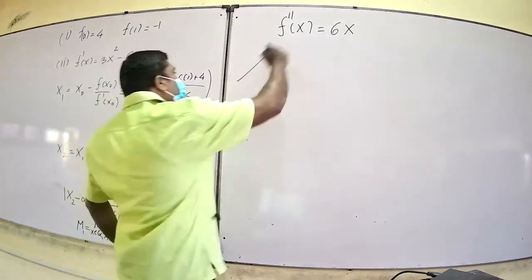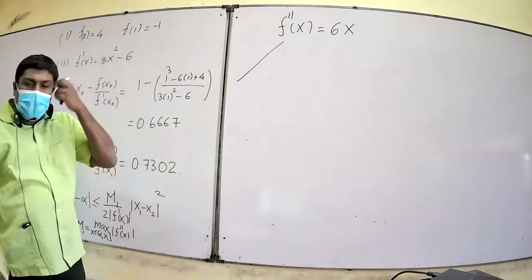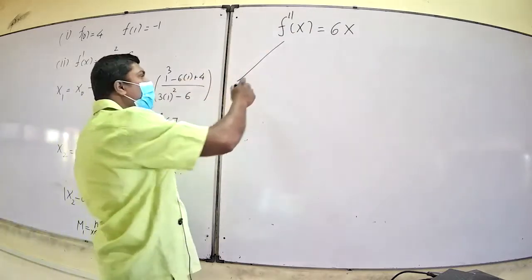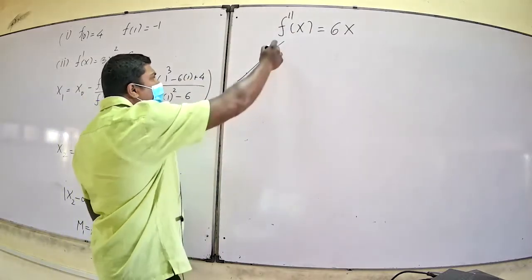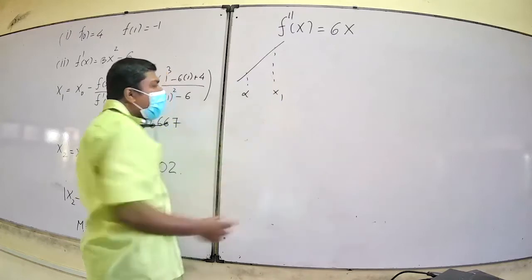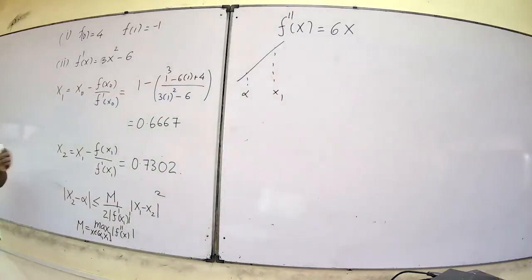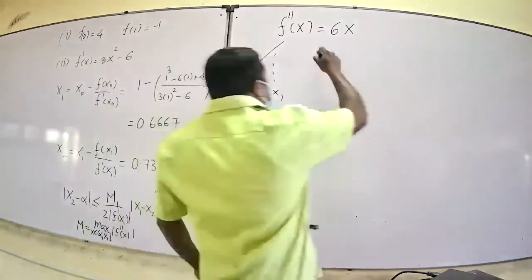It will go like this. It is a line, and somewhere here you have alpha, and somewhere here you have x1. So you clearly know the maximum of f double prime in that interval is at x1. Right? So that is clear for you.